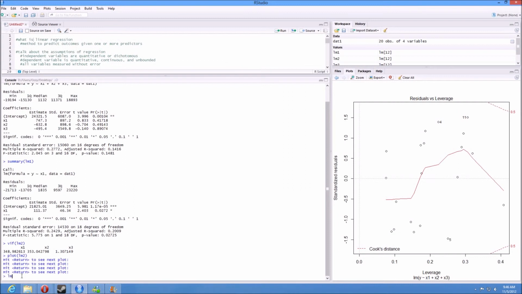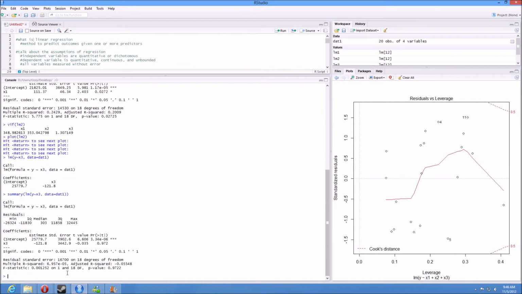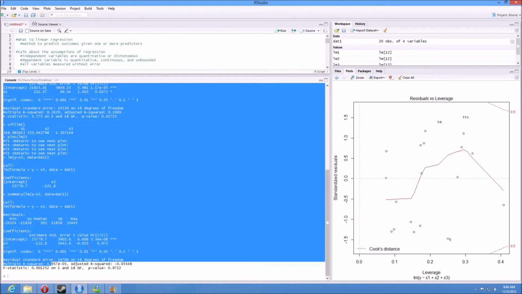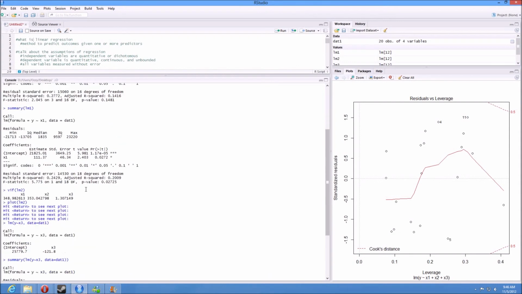The reason I say this is if we look at the linear model of y to x3, given the data set equals that one, and a summary of it, we can see that this really isn't predicting anything at all. Nothing at all.